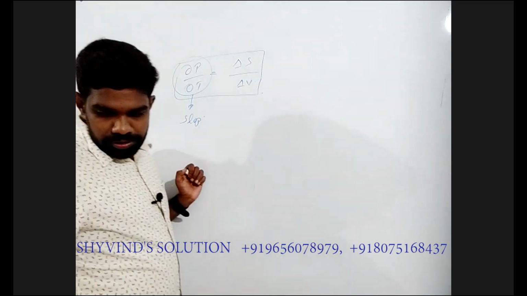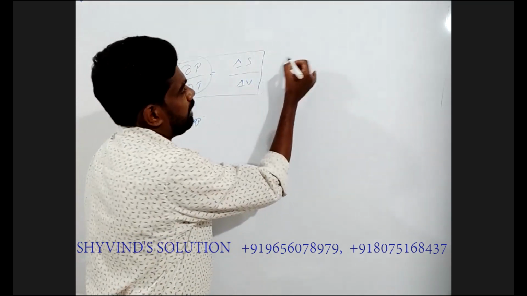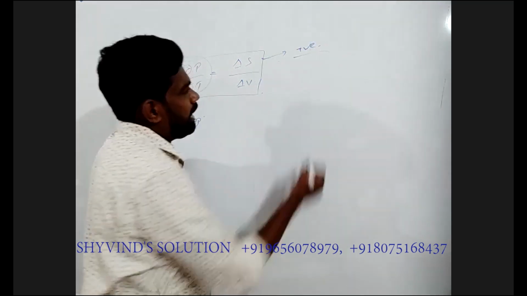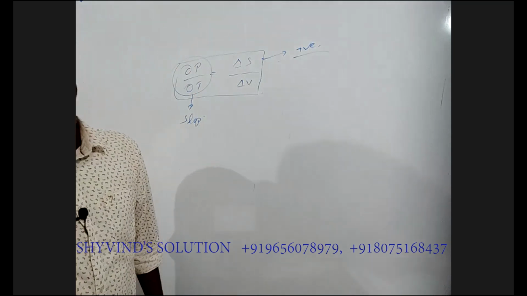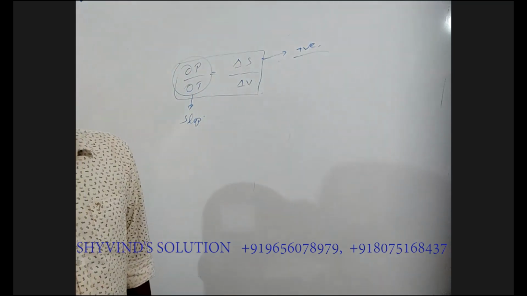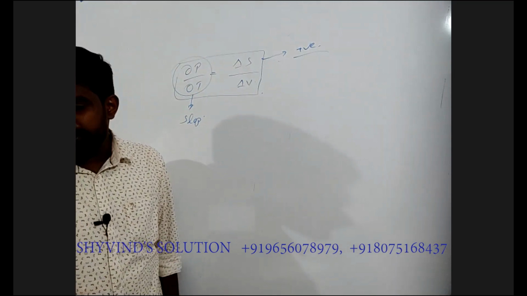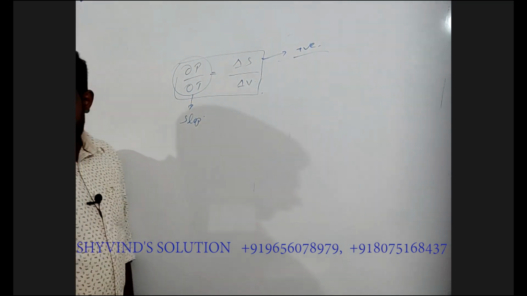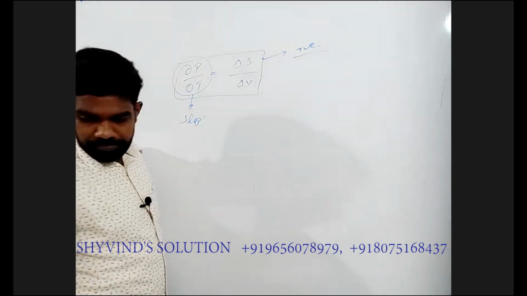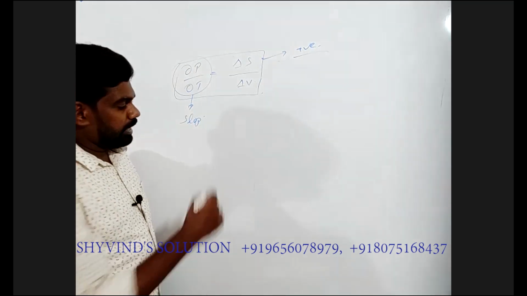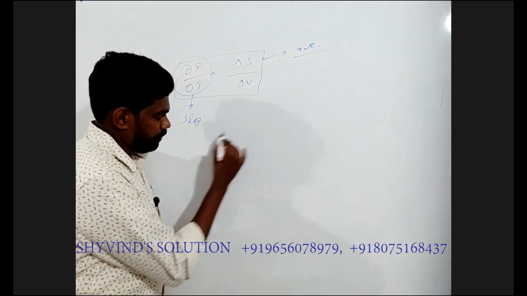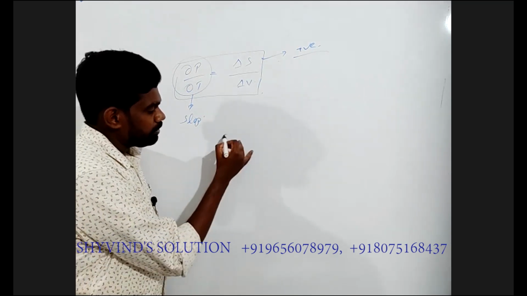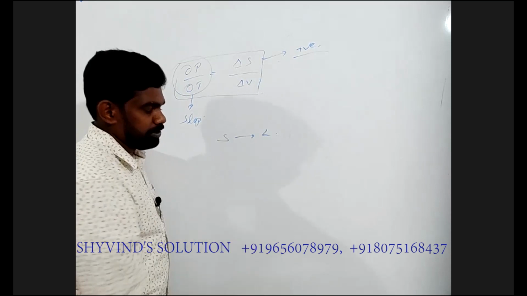For this particular question, it is given that ΔS is positive, and the next information given to us is: a pure substance M has lesser density in solid state than in liquid state. Okay. ΔS of fusion. Fusion means solid to liquid conversion.